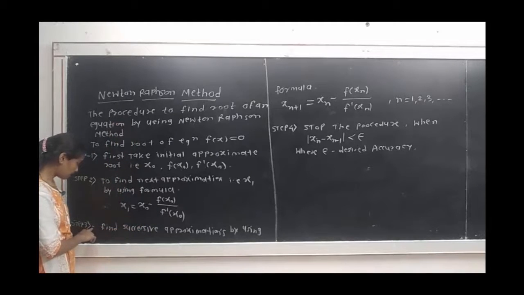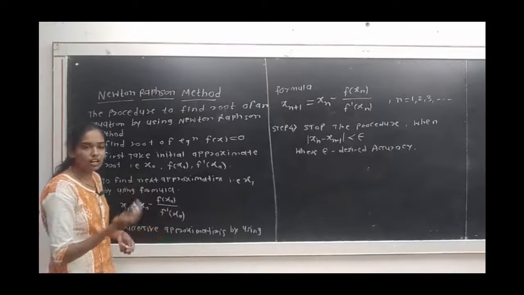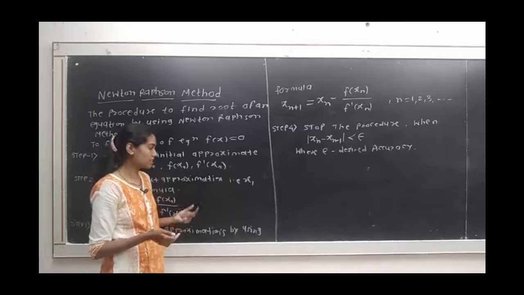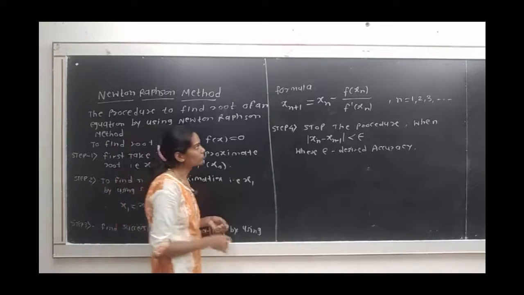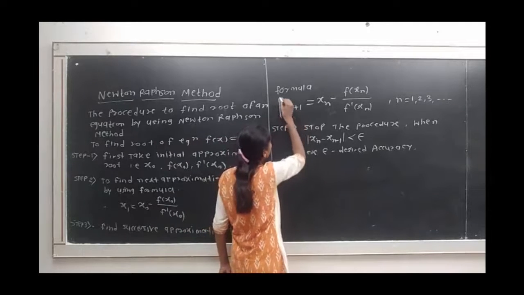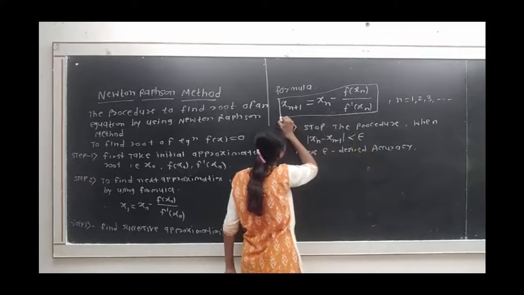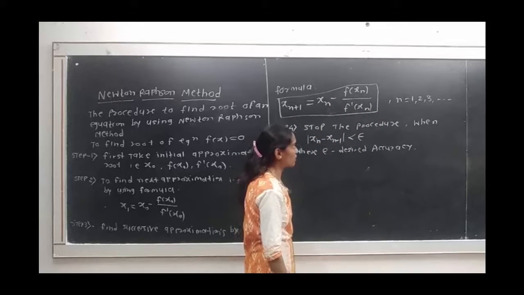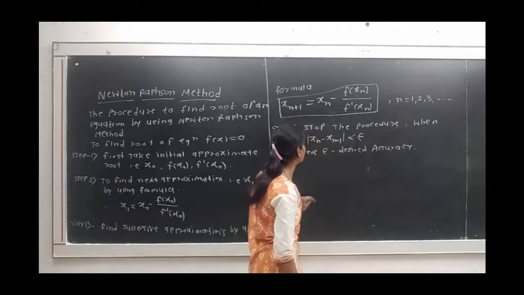Then step 3, to find the successive approximations, that is the next approximate roots, x2, x3, x4 and so on, by using the general formula xn plus 1 is equal to xn minus f of xn divided by f dash of xn, for n is equal to 1, 2, 3 and so on.